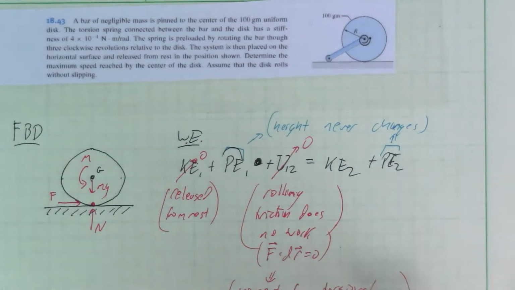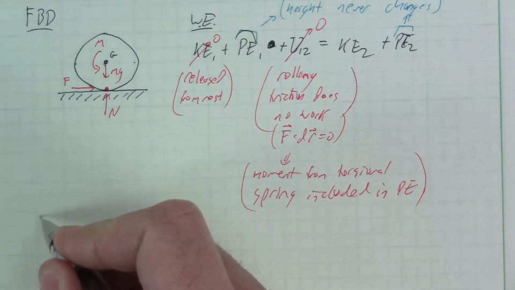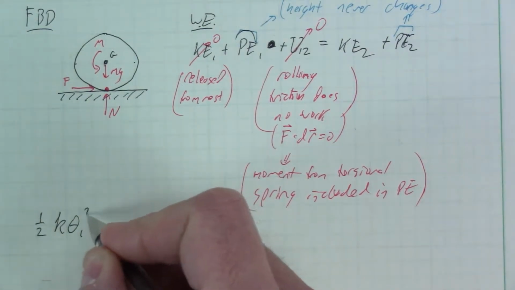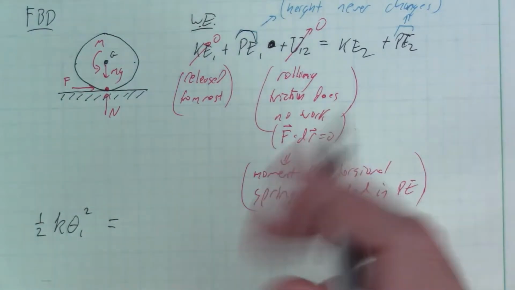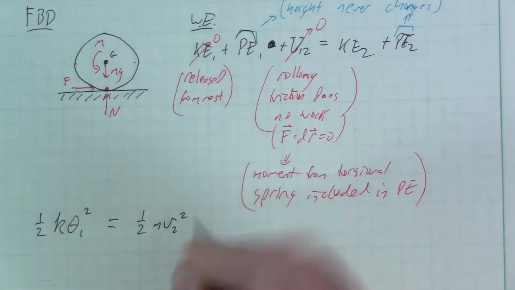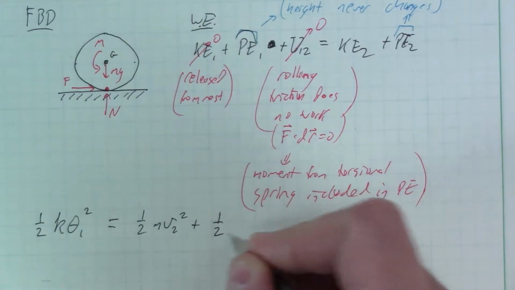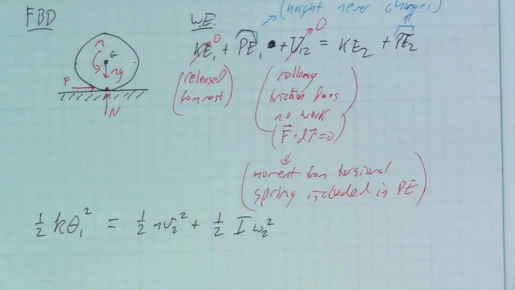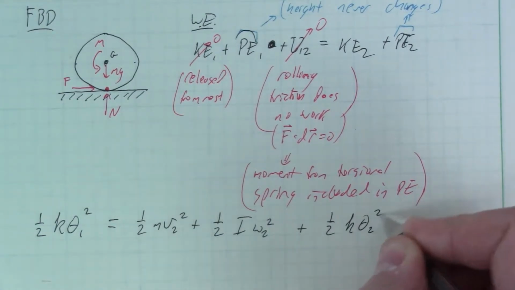So having said all that, what terms are left over? In potential energy, we have the torsional spring, 1/2 k theta 1 squared, and that's it. On the right-hand side, our kinetic energy, we have 1/2 m v2 squared, which is what we're looking to solve for, that speed, plus rotational 1/2 I omega 2 squared, plus 1/2 k theta 2 squared.